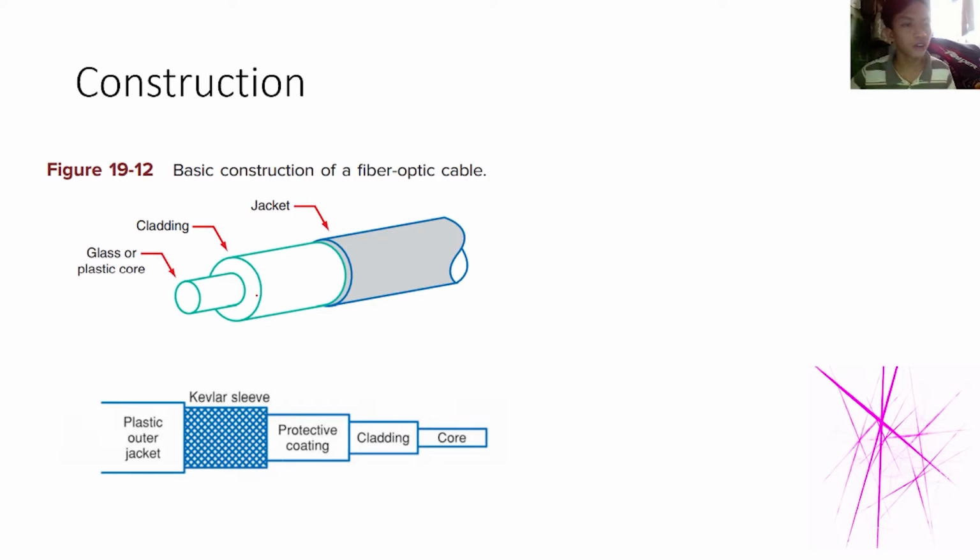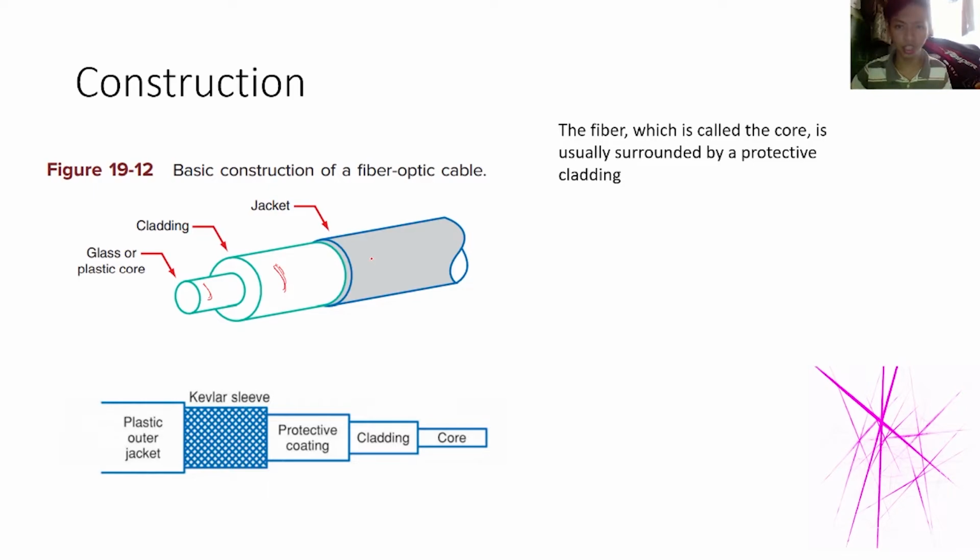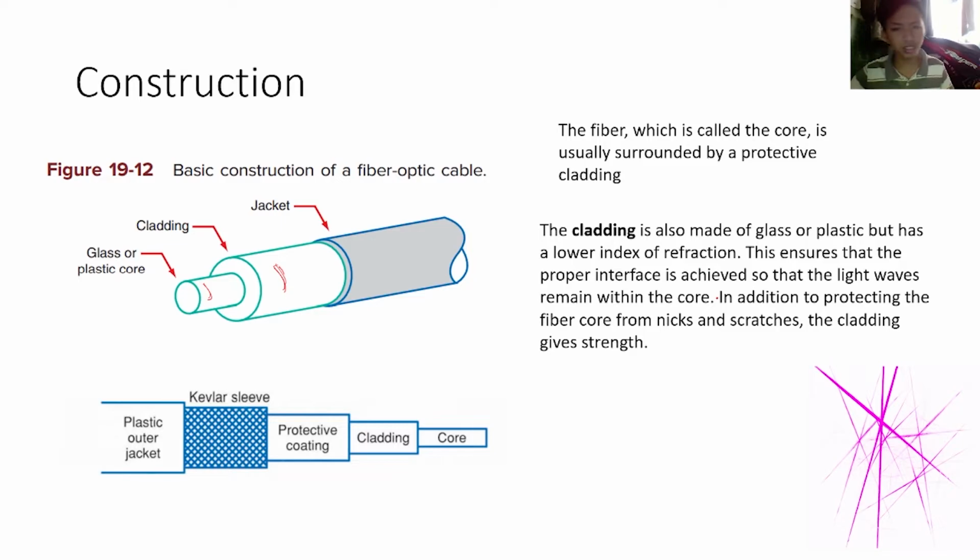Okay, so construction. As seen here, we discussed this glass or plastic core, and this is the cladding. We discussed also the index of refraction between these two. So the fiber is usually called the core, surrounded by a protective cladding. So cladding is also a protection, and it has another purpose. The cladding is also made of glass or plastic but has a lower index of refraction.